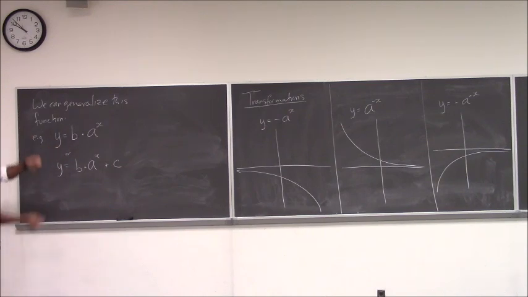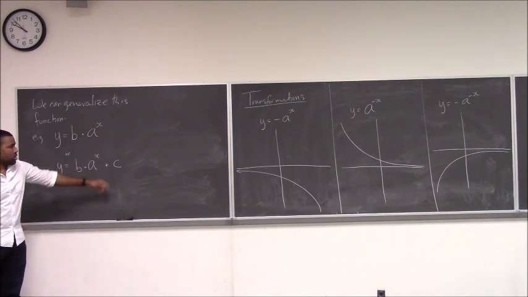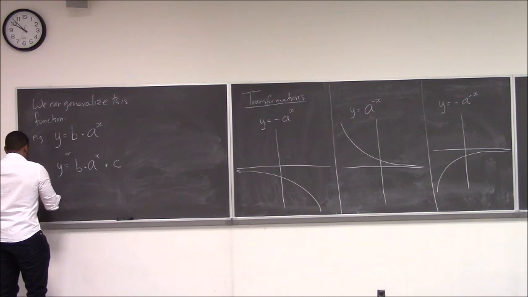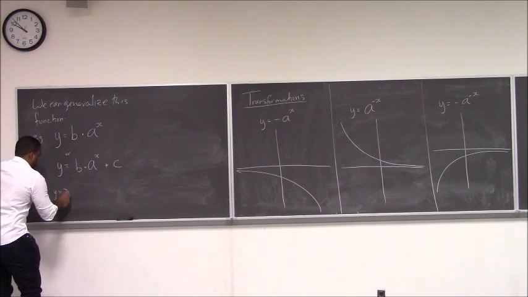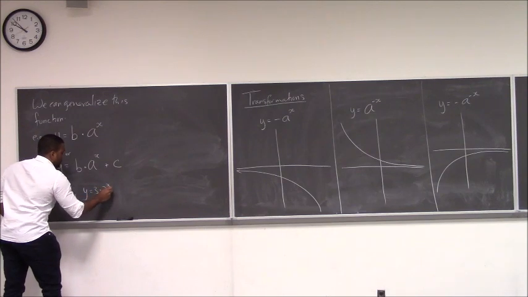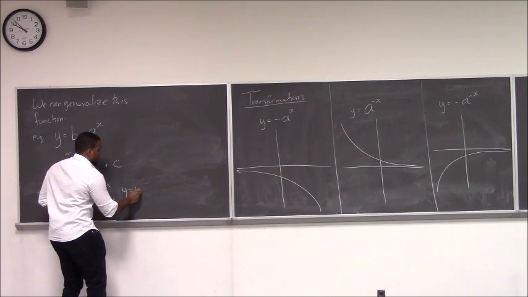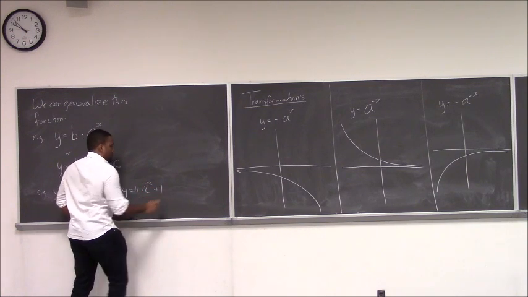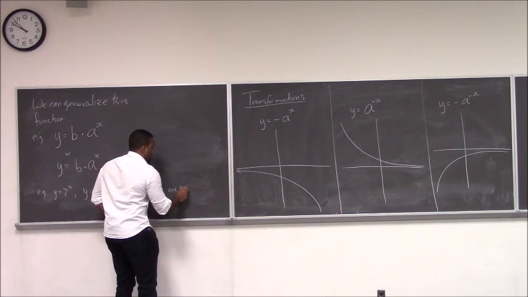Multiplying by b stretches or shrinks the graph, while adding a number can shift it up or shift it down. So for example, y equals 2 to the x, y equals 3 times 2 to the x, or y equals 4 times 2 to the x plus 7 are exponential functions.